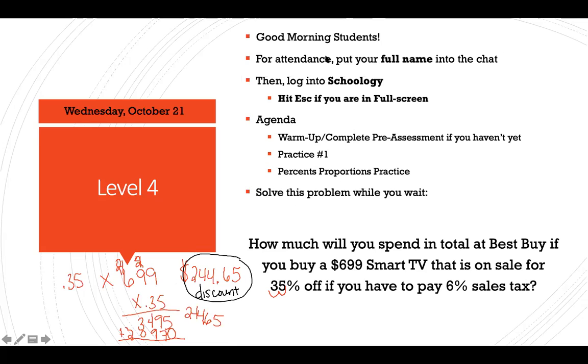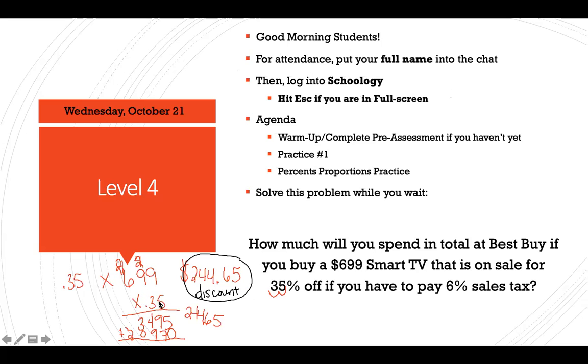You add to add. Well, oh wait. Okay, subtract it from the cost of the TV. Yes, so my next thing is going to be to subtract it from the cost of the television. I have $699 as my original price.